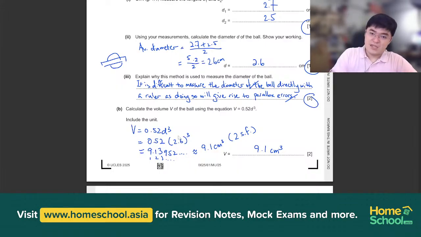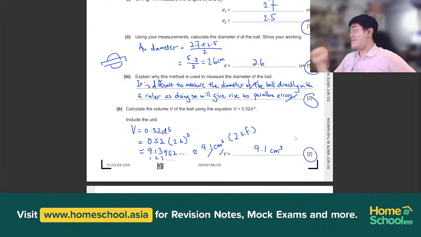If you write 9.1, this is your first mark, and if you write the correct unit, this is your second mark to get you your full 2 marks. Pretty straightforward, yeah? Give me a second.